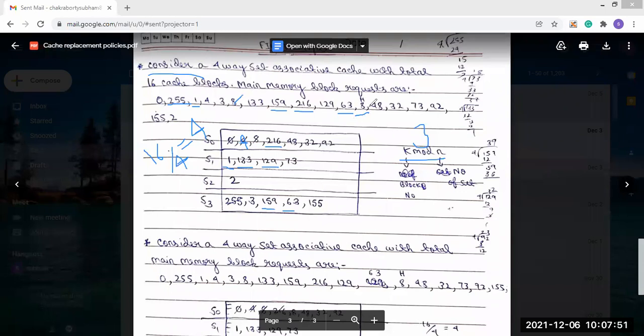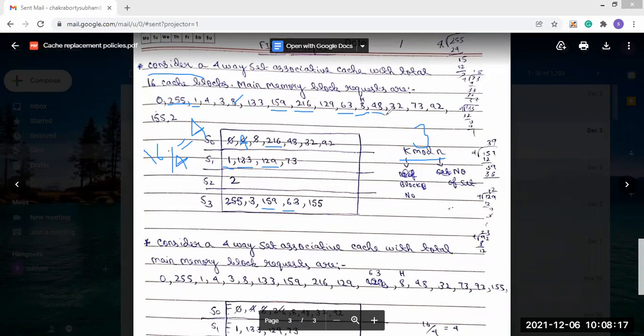So we do not have to determine in which position this 8 will go, because we have previously determined it. We only write it, because this 8 is already present in our cache.